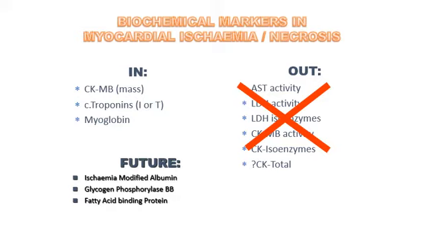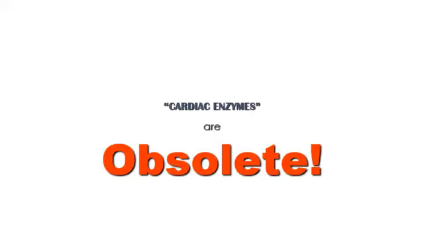The future is coming, and there are many others such as fatty acid binding proteins, glycogen phosphorylase, and the others. But what about the cardiac enzymes? The answer is the cardiac enzymes are obsolete nowadays. So nobody does cardiac enzymes in practice.